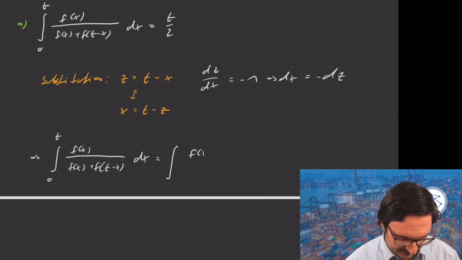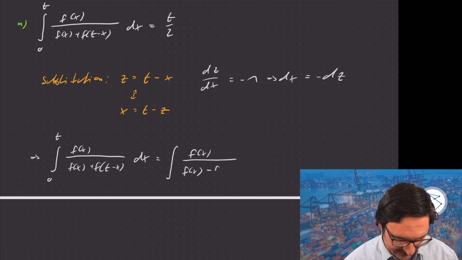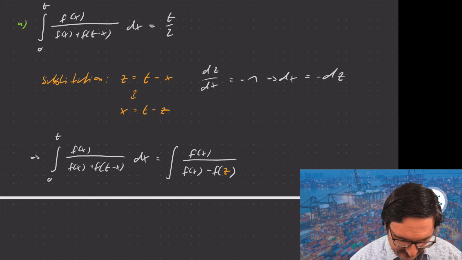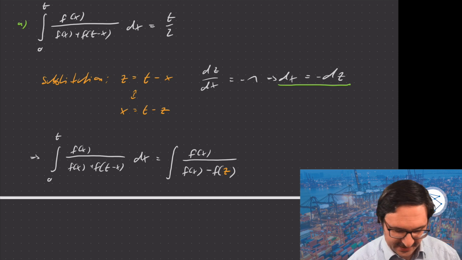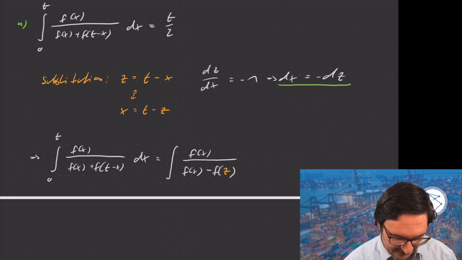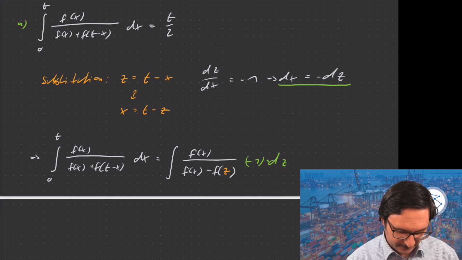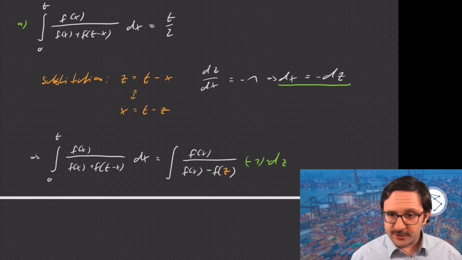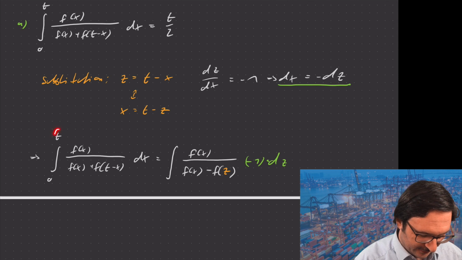That's f of x over f of x plus f of, well, here's a z, right? And then we also get this here, so instead of dx we write minus 1 times dz. And of course we also have to take care for the boundaries here.